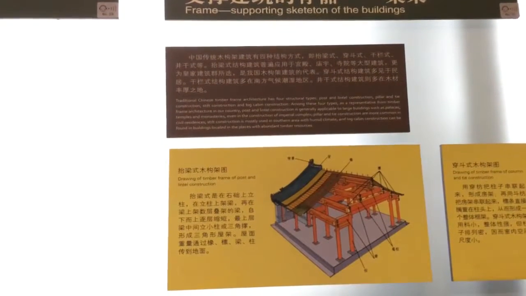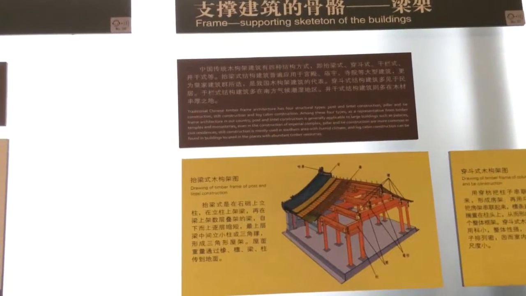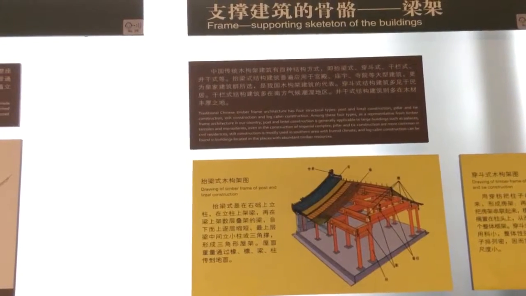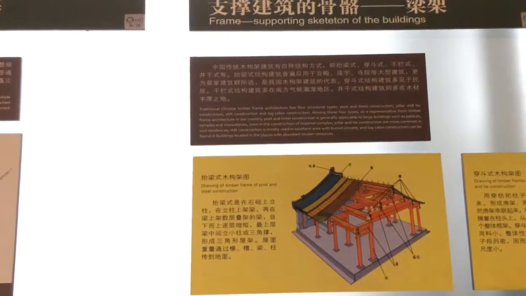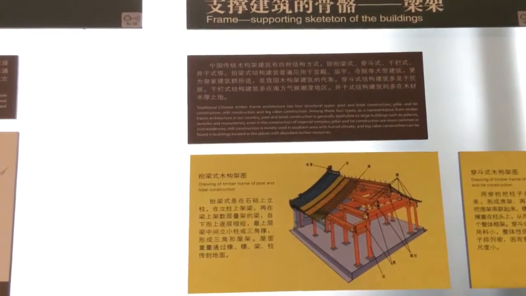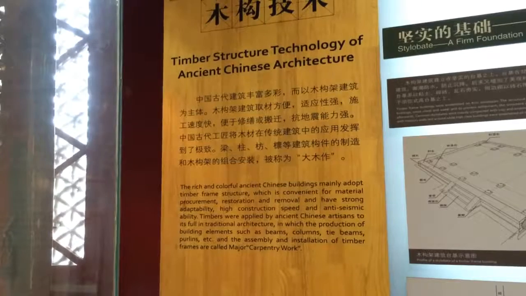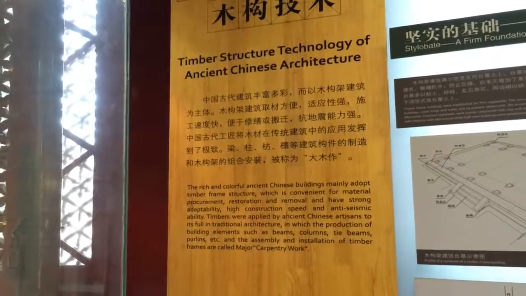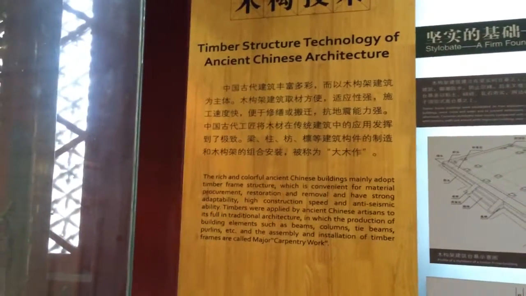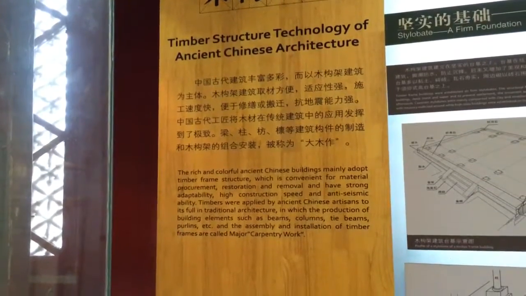Pillar and tie construction is more common in civil residences. Stilt construction is mostly seen in southern areas with humid climate. Log cabin construction can be found in buildings with anti-seismic ability. Ancient Chinese artisans used beams, columns, tie beams, purlins.